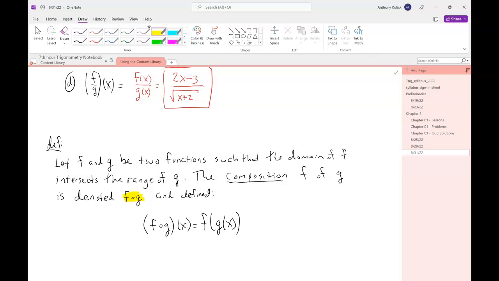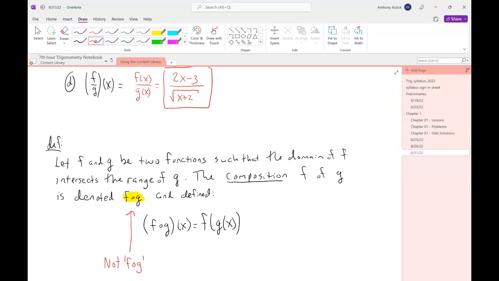Now let's talk Mr. Kulik things that grind his gears. When you read that set of symbols, I don't want to ever hear anybody read this as the word fog. It's not the letter O in the middle. That's like an empty multiplication dot that's not filled in. Okay? Let's be clear. There's no fog in math class.